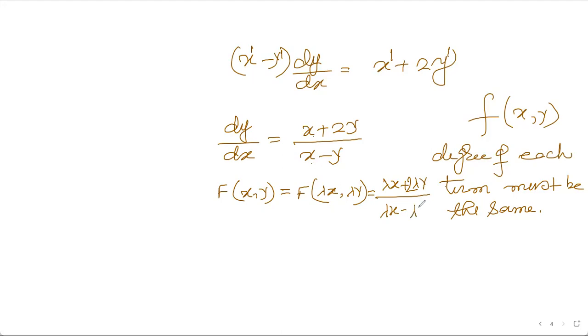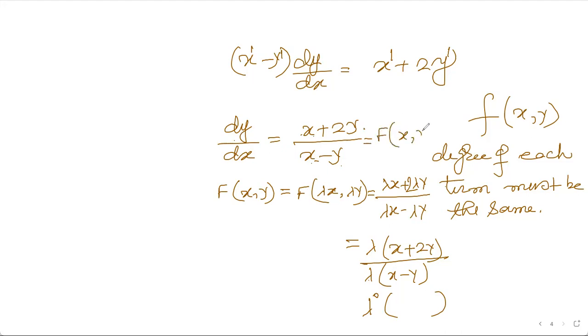If you take lambda common, you get x plus 2y. From here also taking lambda common, you get x minus y. So lambda and lambda cancel, giving lambda to the power 0. So it is lambda 0 times (x plus 2y) by (x minus y), which I have expressed as f(x,y).